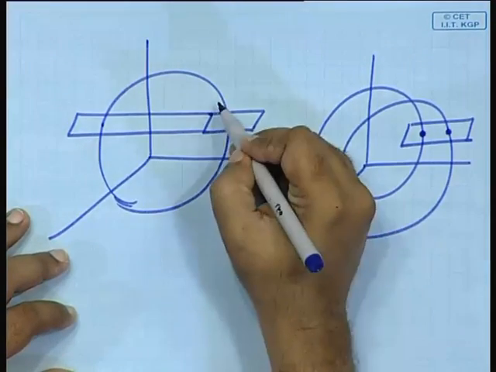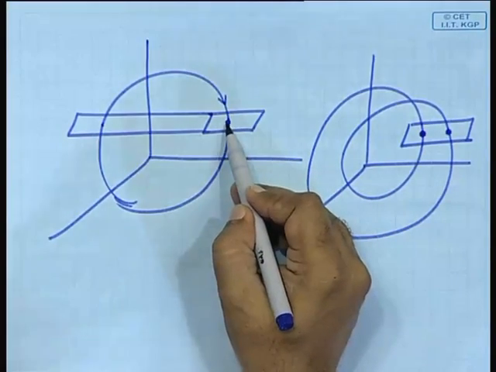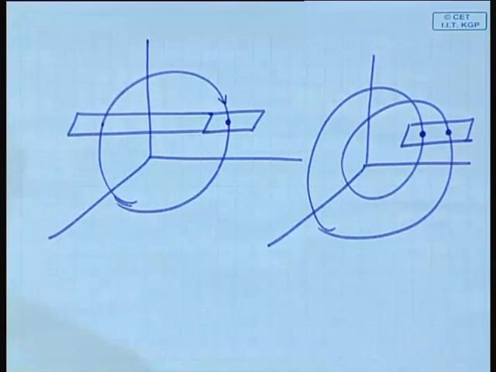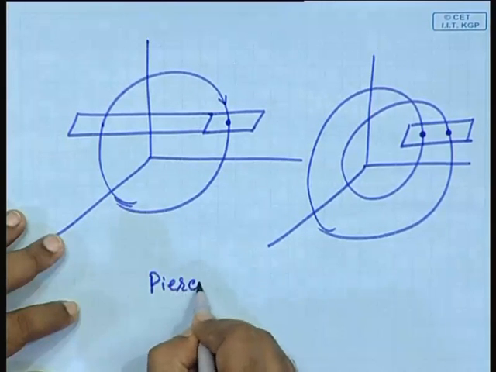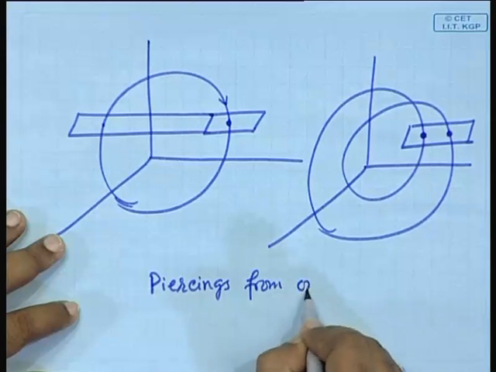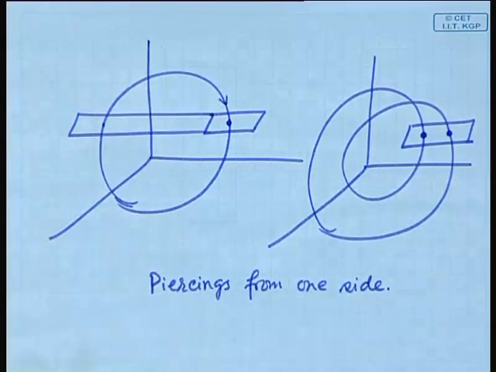So, in order to save that picture, all we need to do is to observe the piercing from one side, not from both the sides. Okay. So, piercings from one side. Good.